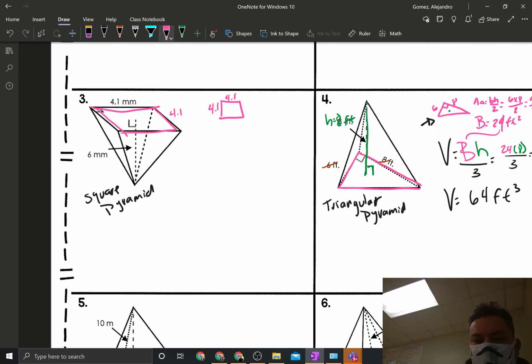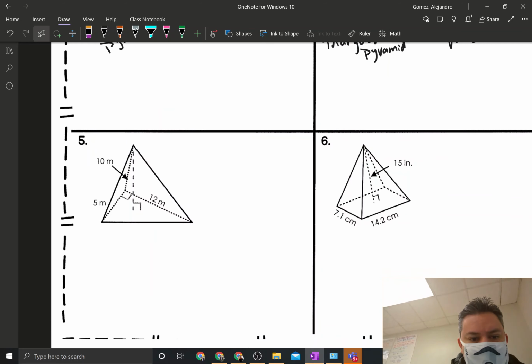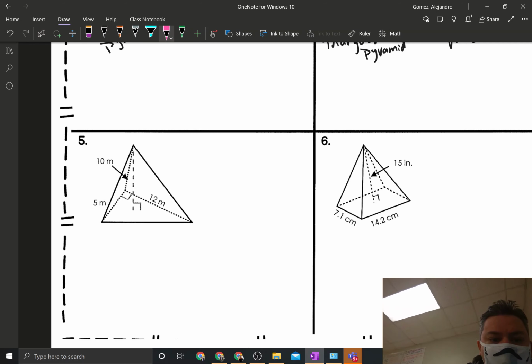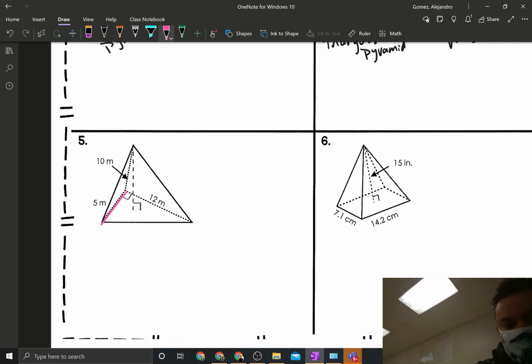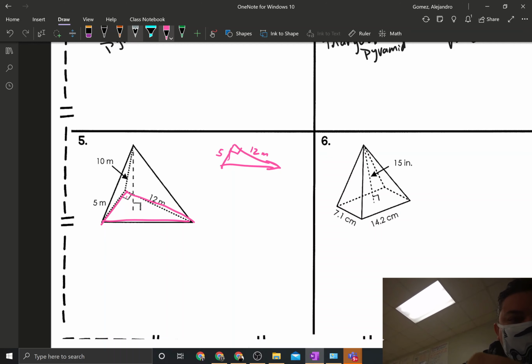Now let's look at number 5. The last one that I'm going to do with you was a 5. Yes, 5. Again, step number 1, identify the base. It's at the bottom in this case. And it's again a triangle, a right triangle that measures 5 by 12 meters. So right now, I do not care about this.